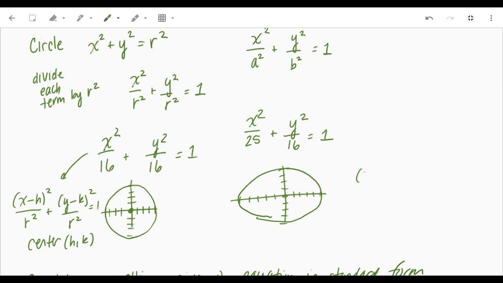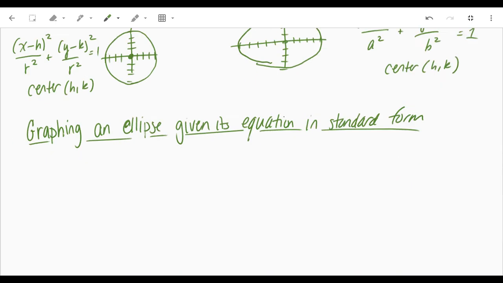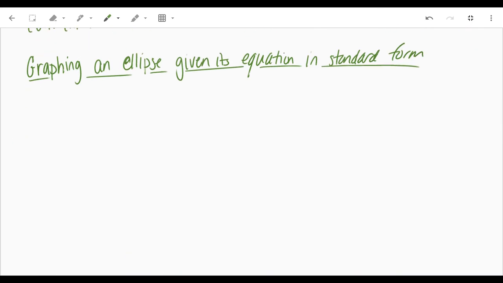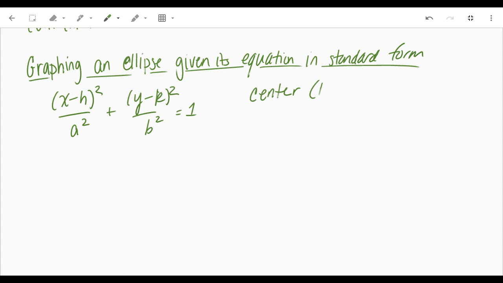We could do x minus h squared over a squared plus y minus k squared over b squared equals 1, and the center would be at h, k.